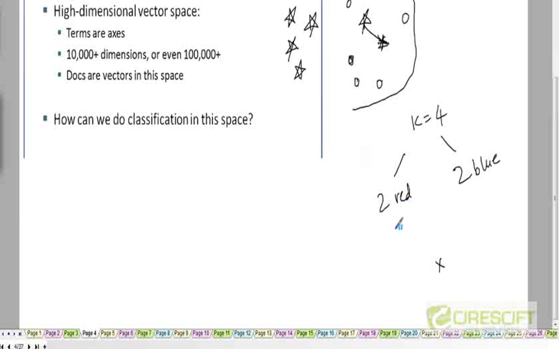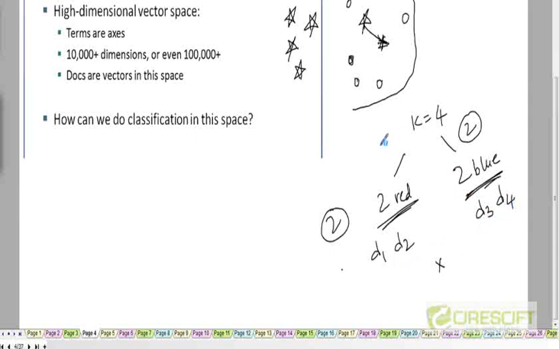So in this case, we can assign the two classes, instead of assigning both of them a score of 2, which is what we would do if we were to implement this algorithm in the way I just described. Let's say the four neighbors are D1, D2, D3 and D4. The weight of the red class would be the cosine similarity between the test document and D1 plus the cosine similarity between the test document and D2.